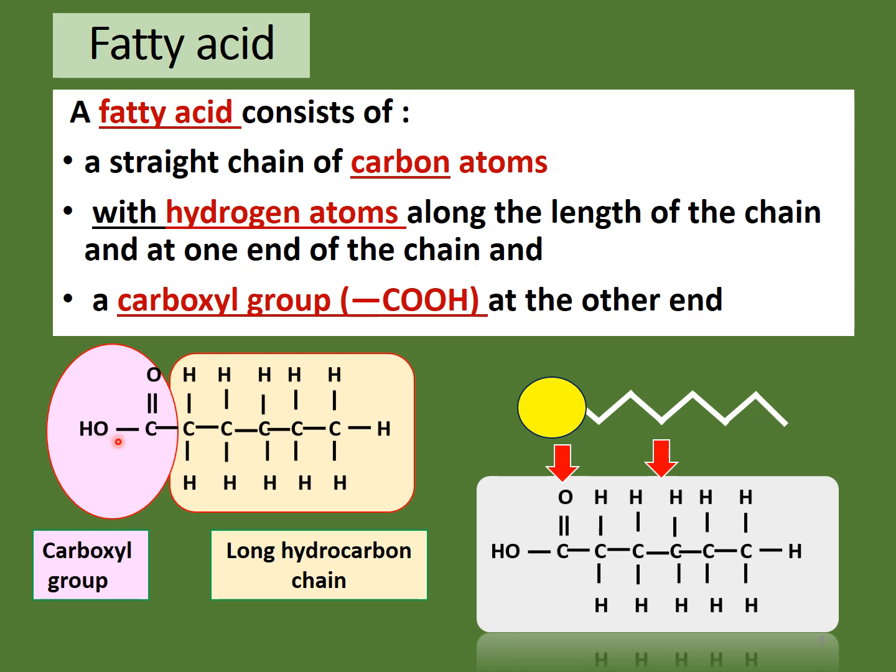So this carboxyl group, COOH, is actually a type of group that is found in organic acids, which are called carboxylic acids. Meaning to say, this is why the fatty acid is called an acid, because of this group that is found in acids, the carboxyl group.